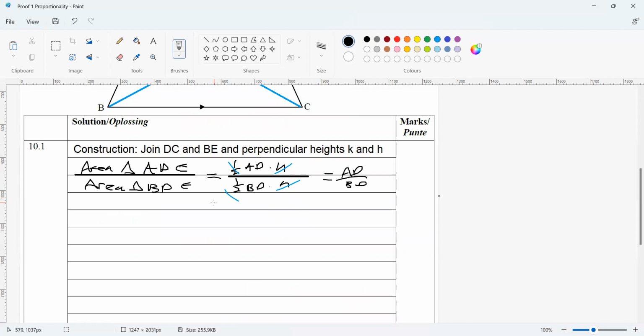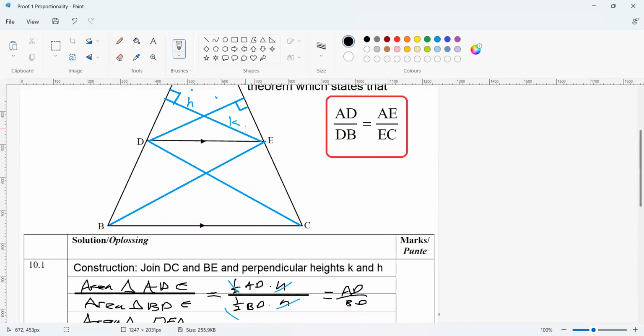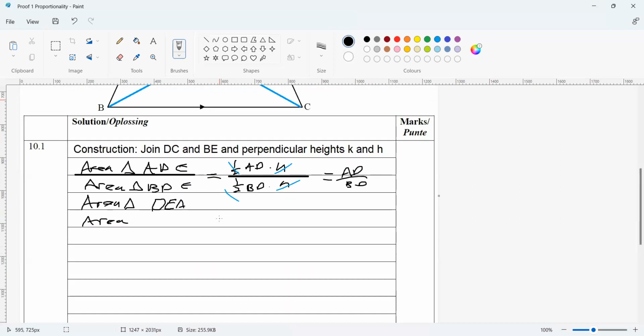And then we will try and do the same. So we'll say area of triangle DEA over area of triangle ECD.